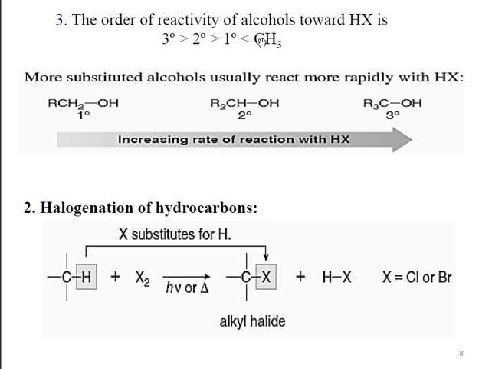And finally just the methyl iodide, methyl bromide. For this reason the tertiary alcohol is very active toward the substitution reaction to give the alkyl halide, and then the secondary, and then the primary, and finally the methyl groups. More substituted alcohols usually react more rapidly with HX, which is why the tertiary is very active compared to the primary.